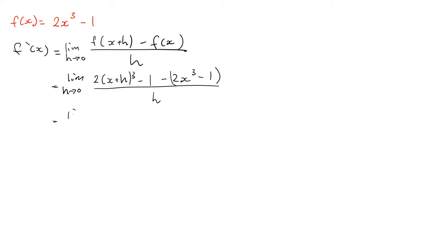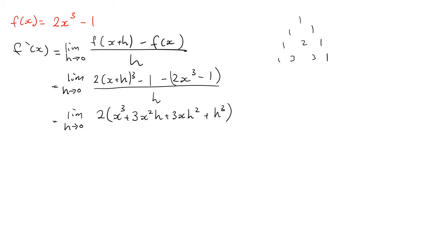Over h. The limit as h approaches 0, that will be 2 times x cubed plus 3x squared h plus 3x h squared plus h cubed. Pascal's triangle becomes really important when you're doing binomial expansion. So 1, 1, 1, 2, 1, 1, 3, 3, 1. These are the coefficients of your terms, so that's 1, 3, 3, and 1.